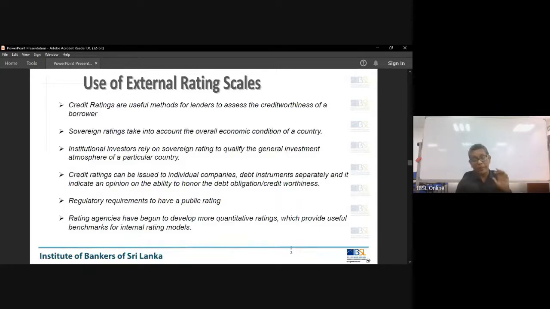And it is good for individual companies and also debt instruments separately, and it indicates an opinion about the ability to honor. So I'm always telling that a credit rating is just an opinion, like an audit opinion. The rating agencies never tell you to buy this. They give you some sort of opinion for you to take the decisions. Like our risk people. Now, there's always a conflict between risk and credit and management.